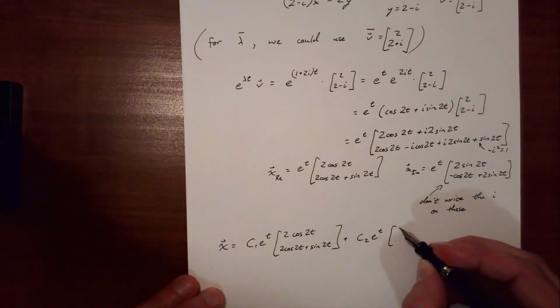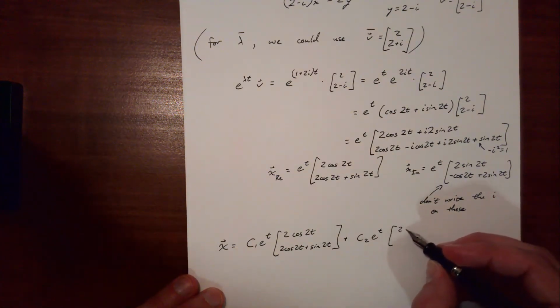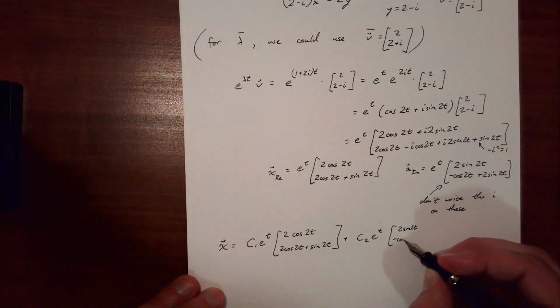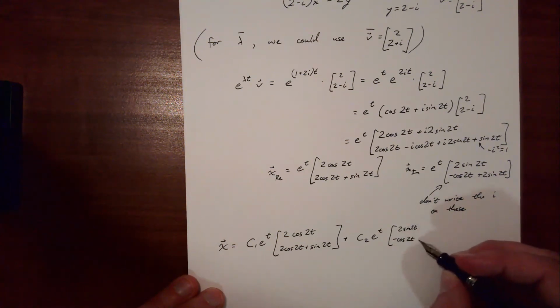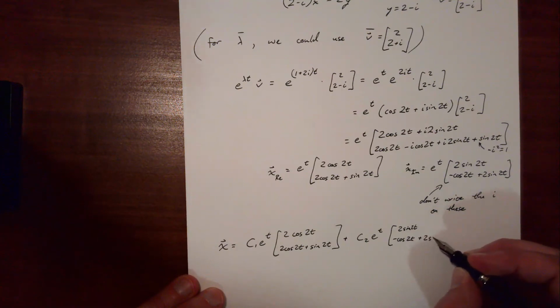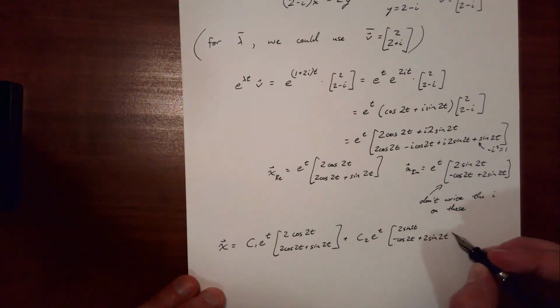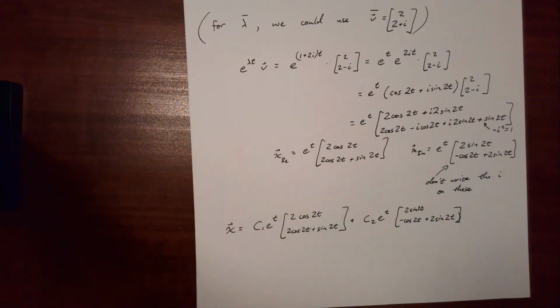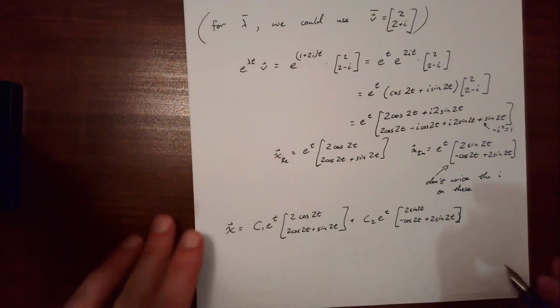And there are a number of different ways you could write this. For example, another way you could write this is to distribute in the e to the t's and the c1 and c2, and then just put those all in one line. But we won't bother with that.